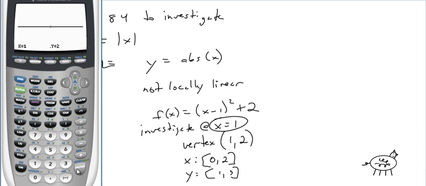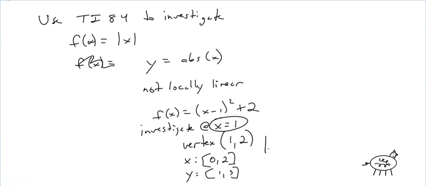But that's the deal: I'm zooming in more and more, and this is locally linear here. I can look at any spot on there because it's a differentiable function, but it's locally linear at that spot. So that's kind of cool.